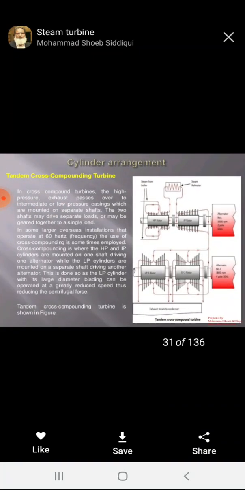In cross compounding turbines, the high pressure exhaust passes over to intermediate or low pressure casings which are mounted on a separate shaft. Two shafts may drive separate loads or may be geared together in a single load.